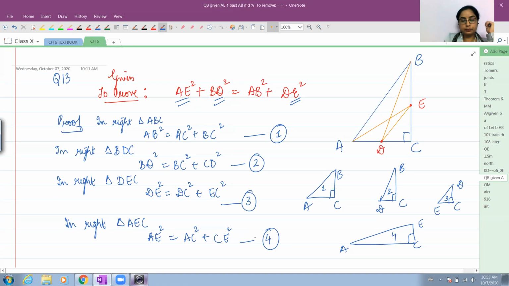This is number 4. Now, the result that we want to prove has addition of AE square and BD square. Can you identify the 2 results which we will add to obtain the left-hand side? Second and fourth. Let's add second and fourth.